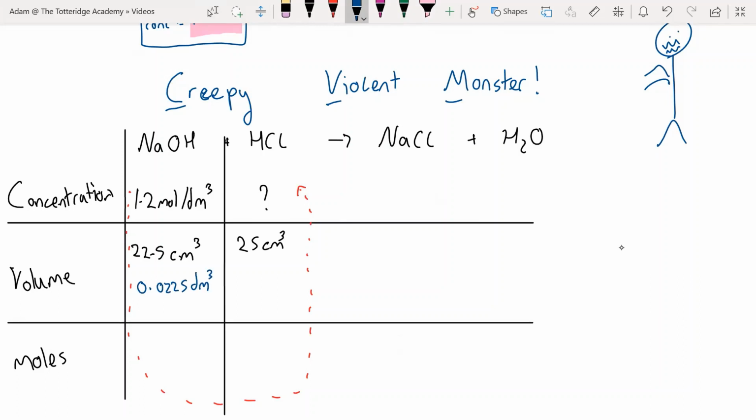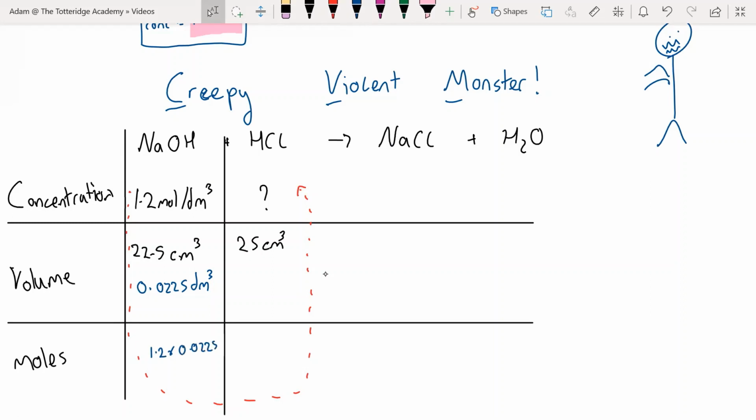And I'm using blue to show you all the stuff that comes after simply putting the data into the table. Moles. Well, actually, we did this. We know how to get moles from a volume and a concentration. We know that moles is concentration times volume. So I'll just do 1.2 multiplied by 0.0225.